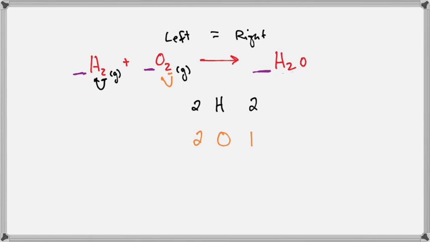I apologize, Lena, because you told me to do the right way. I can say, well, now I have 2 oxygens, I put the 2 next to the oxygen. That's now 2 oxygens. Is that the same chemical expression now? No. Instead of forming water, I've now formed hydrogen peroxide.